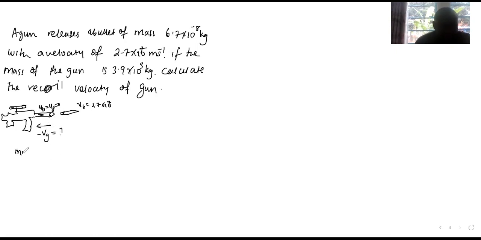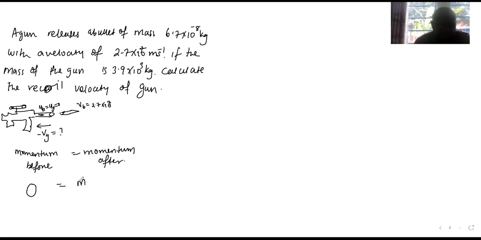So momentum, we said, is always conserved in both cases, inelastic and elastic. Momentum before is supposed to be equal to momentum after. Momentum before is 0 because the velocities of the gun and the bullet were 0.